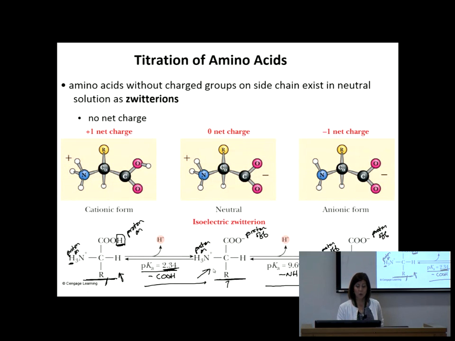The question was, what if I ask you to draw the structure at pH 5? It would still be this structure because we're above the pKa. So this structure is anything above 2.34 and below 9.69.